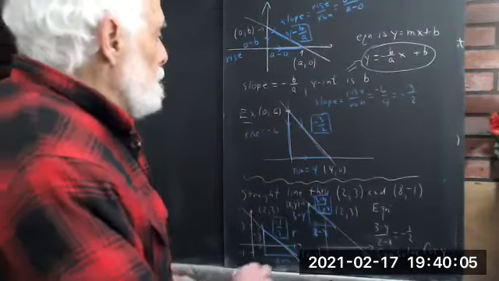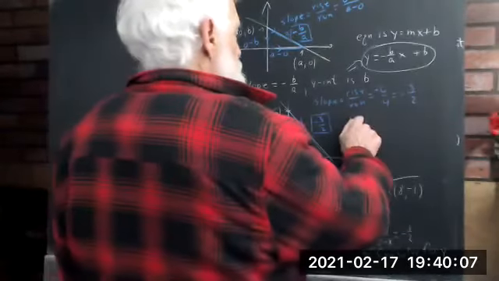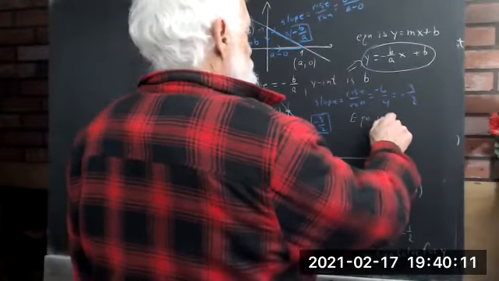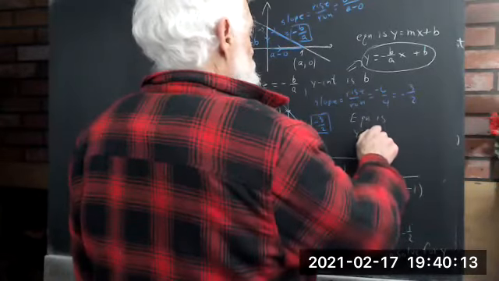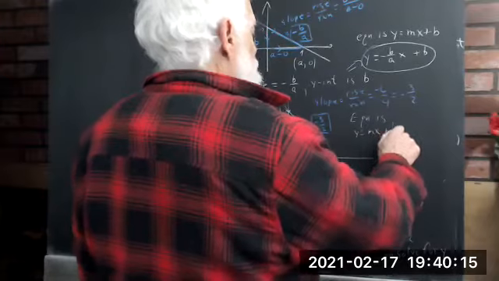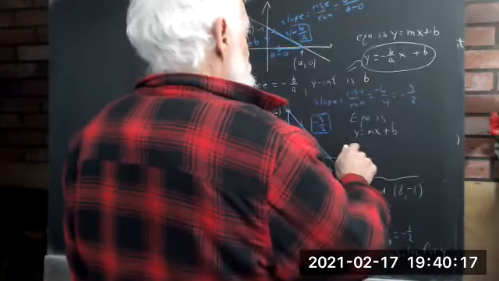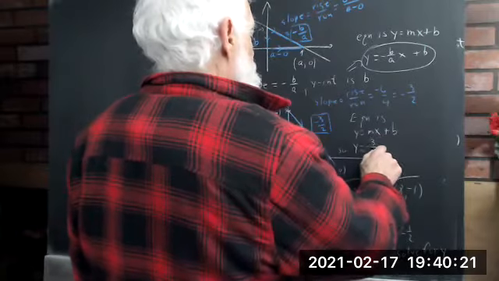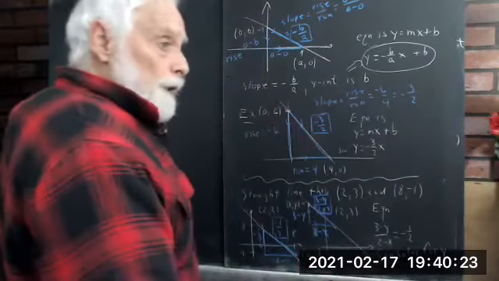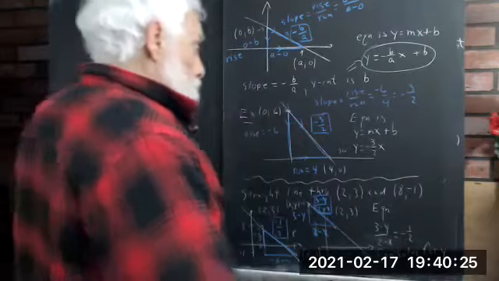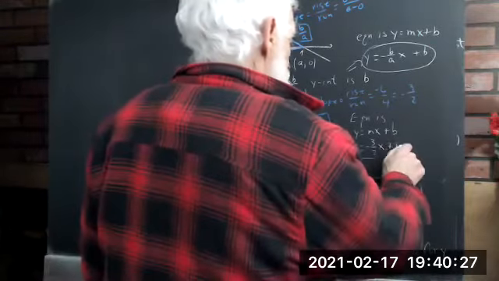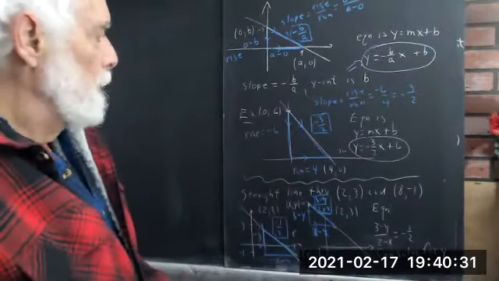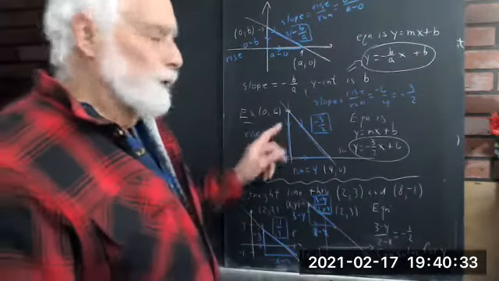So the equation is y equals mx plus b. So y equals, slope is -3/2, and b is the y-intercept, which is 6. There's the equation. Now we should plug 0, 6 in.